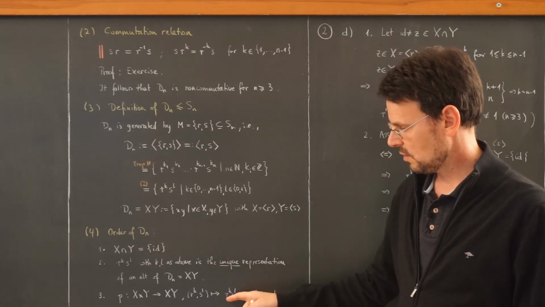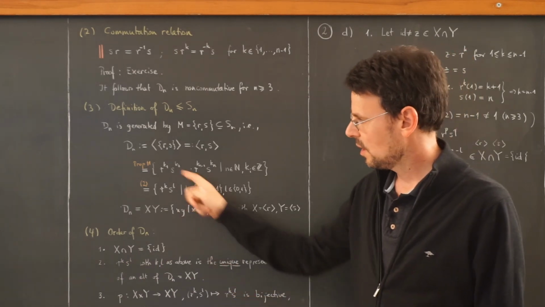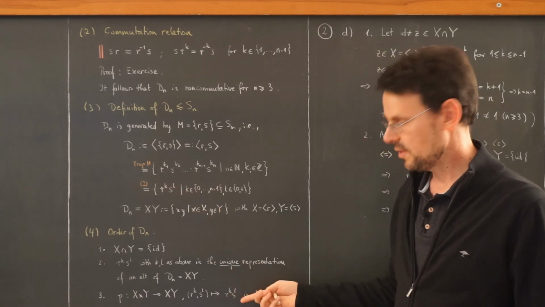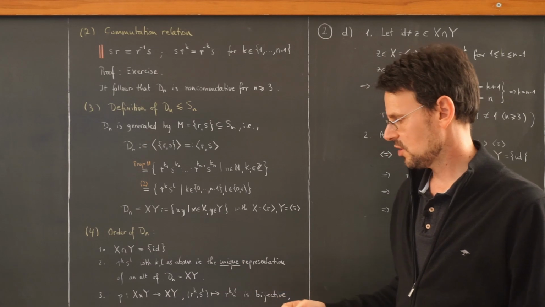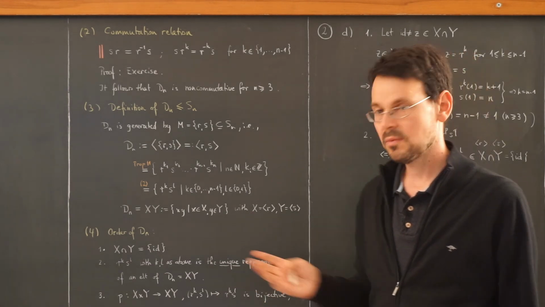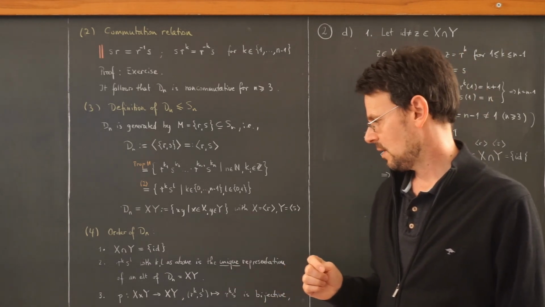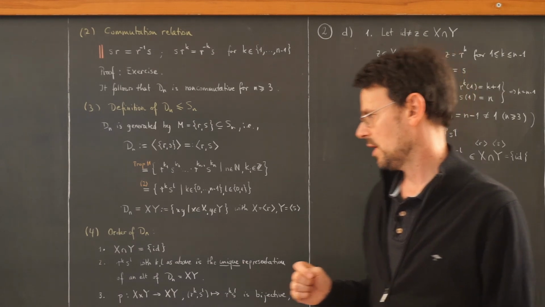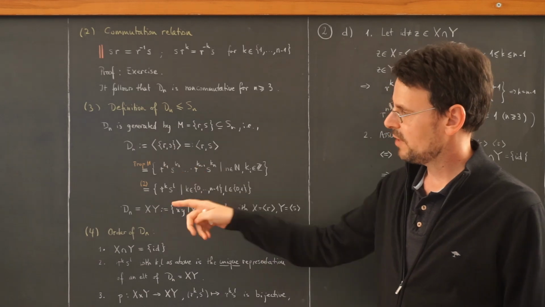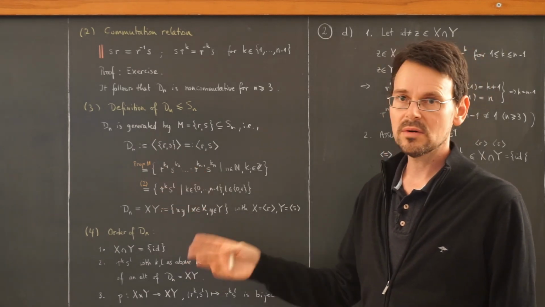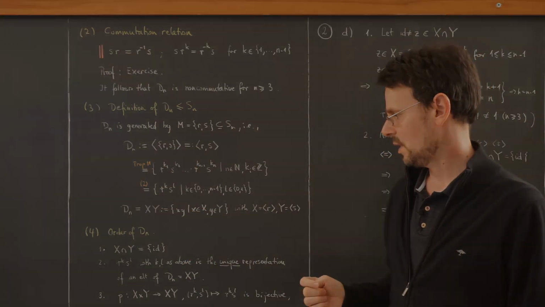And it's obviously also surjective because all the elements are of this form, all the elements of XY. So this clearly is a bijection, and the rest of the argument was already explained in the video. All right, so we finally showed, with a bit of hand waving here, that the order of Dn is 2 times n.